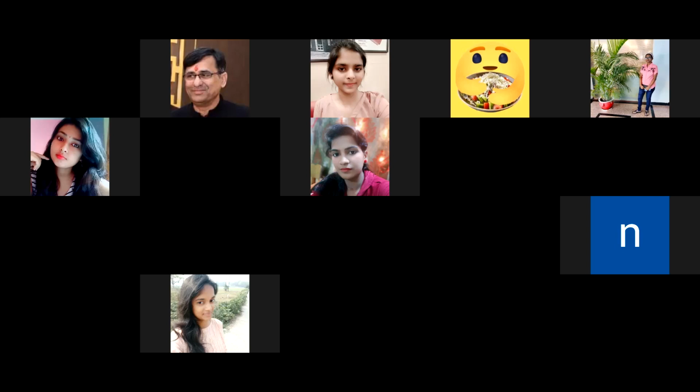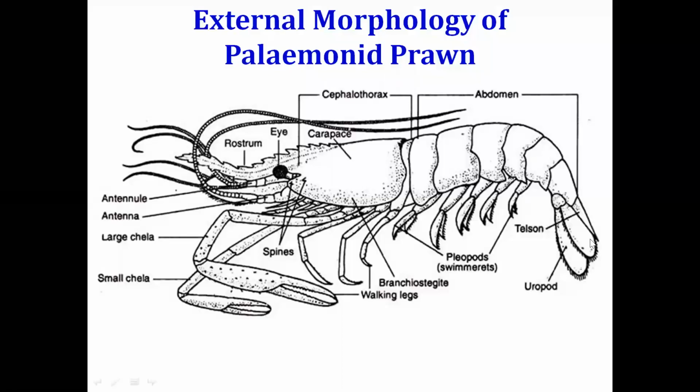Last class, we discussed the general characters, or the external morphological characters or features, of the palaemonoid prawn. We discussed the exoskeleton, and then we studied the body segments.